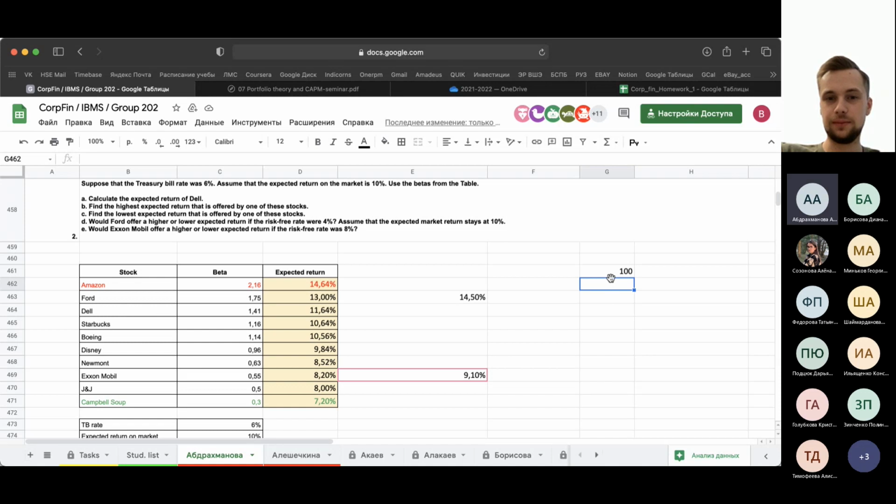Just multiplying this number by the expected return, and that will be our forecasted profit, and we will get forecasted profit or loss. Yeah, so the forecasted profit is actually our dividends, our forecasted cash flows. So we are going to have $100 in perpetuity every year. But how do we estimate the stock price?